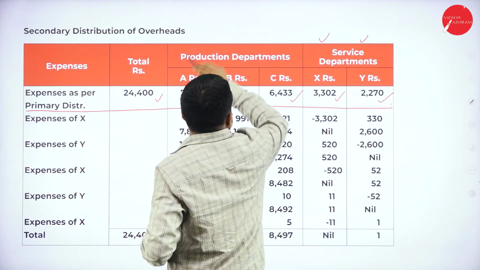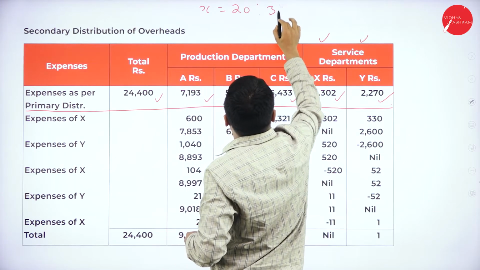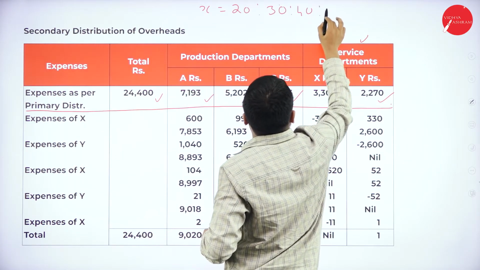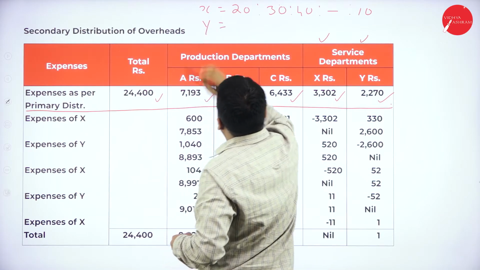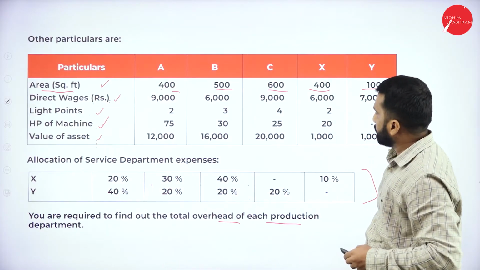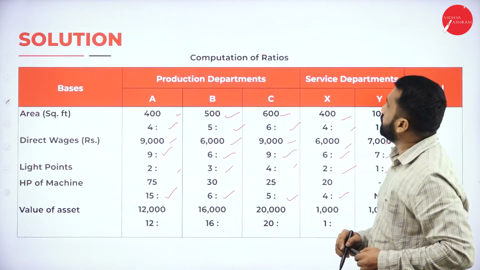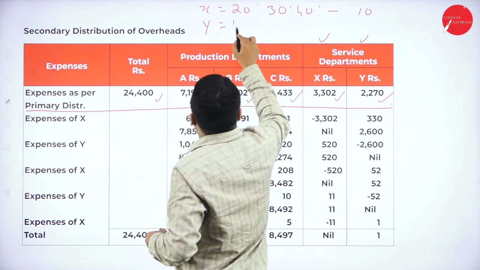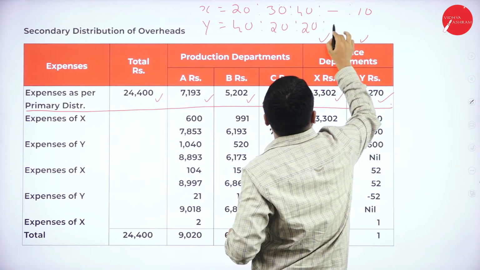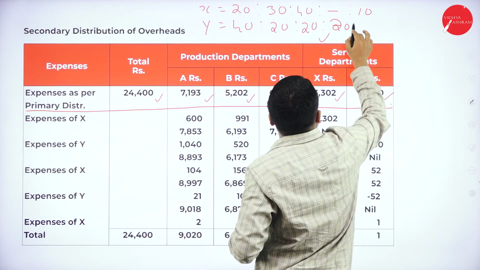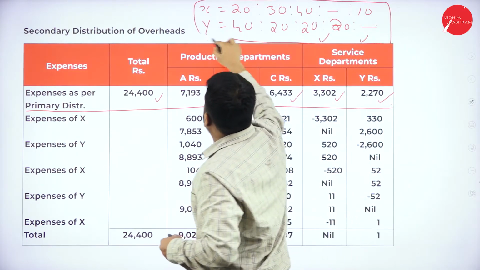So first one, X: 20, 30, 40 and 10. What about Y? Y is equal to 40, 20, 20, 20. So up to this we are clear.